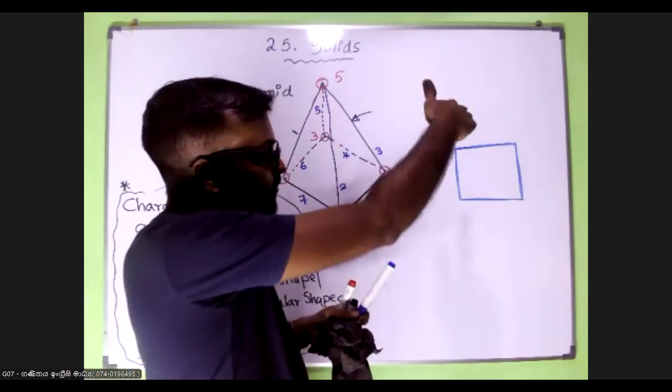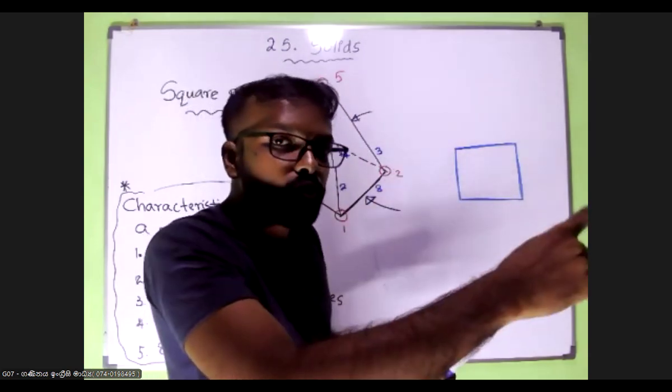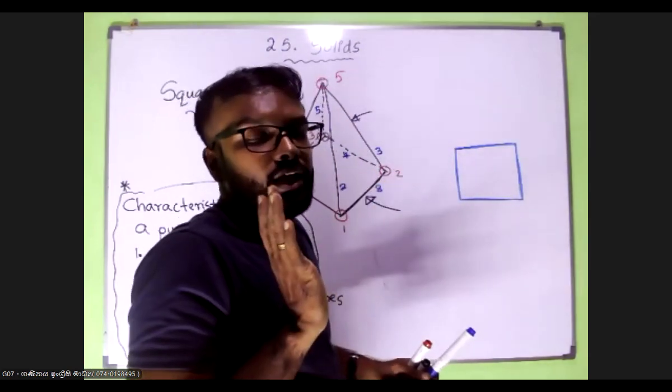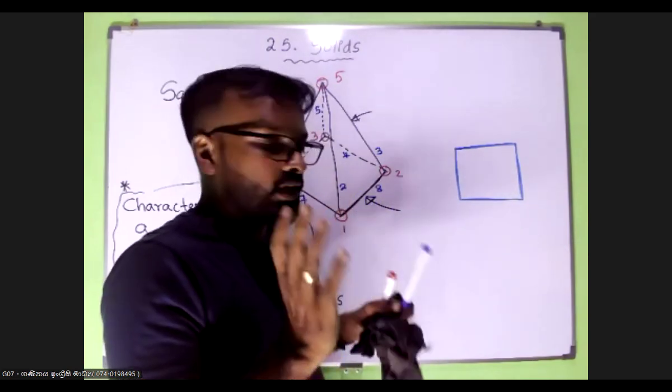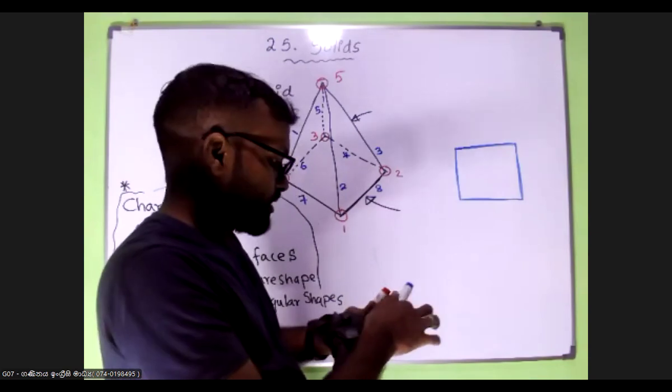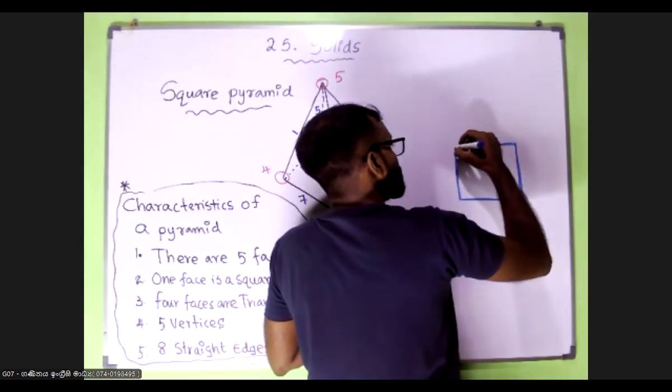Then on top of these 4 edges, I can draw triangles, right? So those can be equilateral or isosceles, whatever. So I can draw like this.